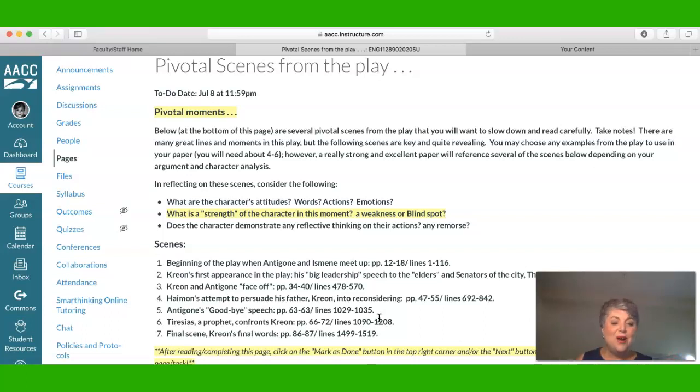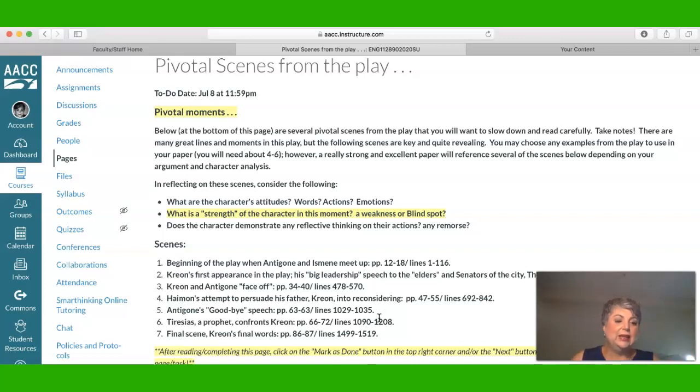So this is not only a conflict between a citizen and a king, not only a conflict between an individual's conscience and the ruler, the new leader of the city of Thebes, but this is a family conflict. This is a family dispute, and it's playing out in front of the whole city of Thebes. So this is sort of layers of drama, which make it all the more interesting.